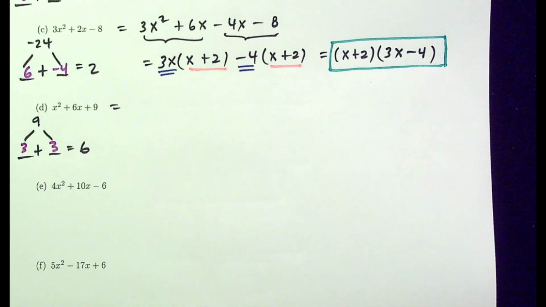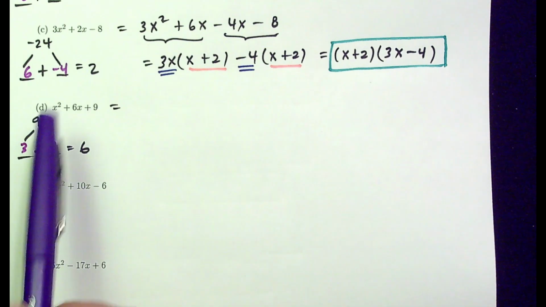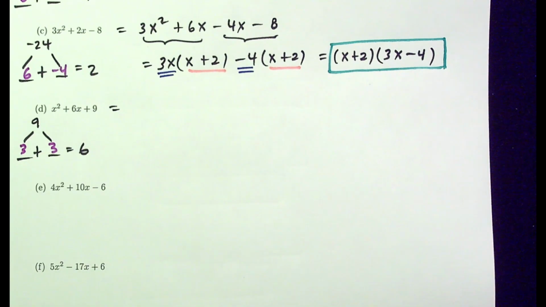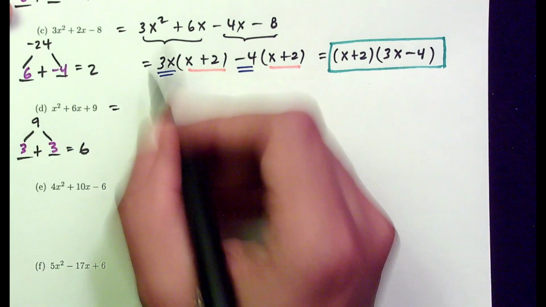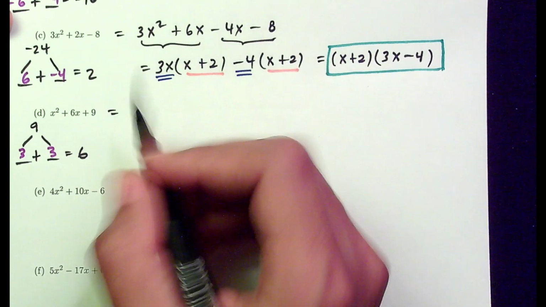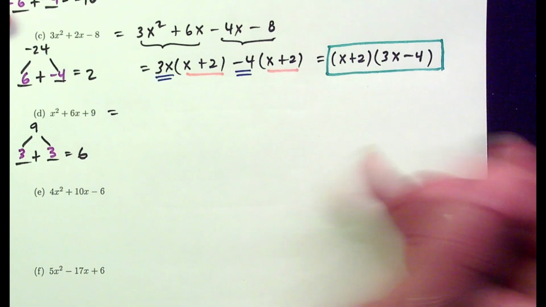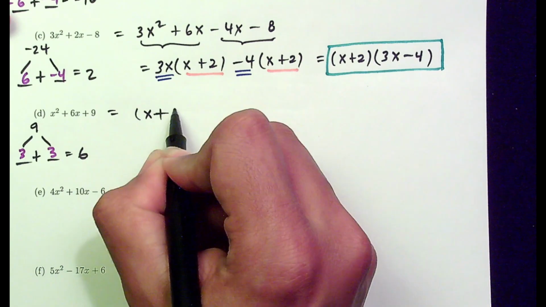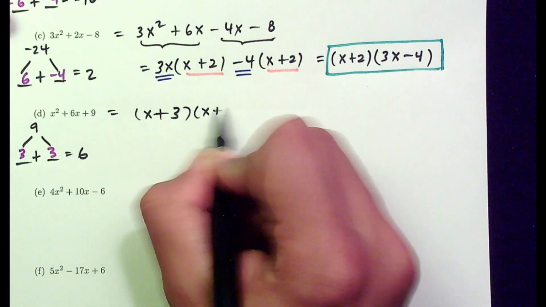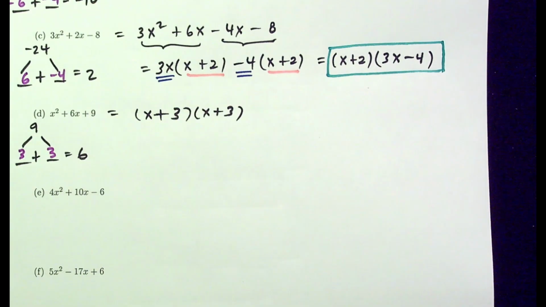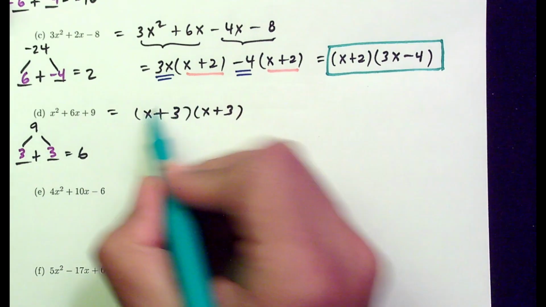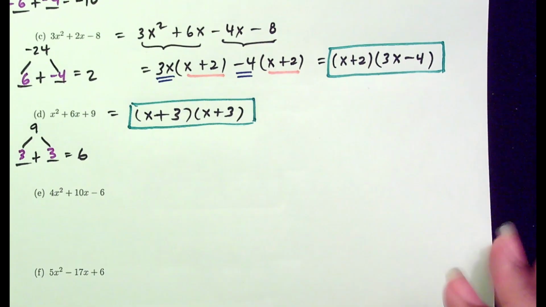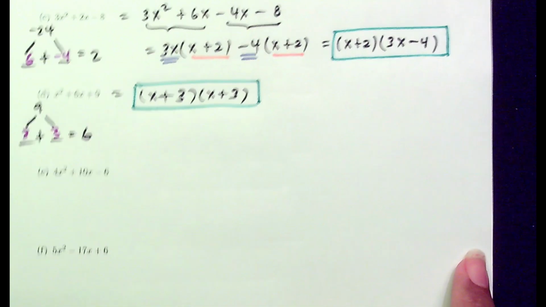And because the leading coefficient is 1, these are the numbers that are going to be in the factorization. So I don't have to go through the whole process. You're just going to give the same thing. Plus 3, plus 3. It's over. So it is easiest when the leading coefficient is 1. Those are the easy ones.